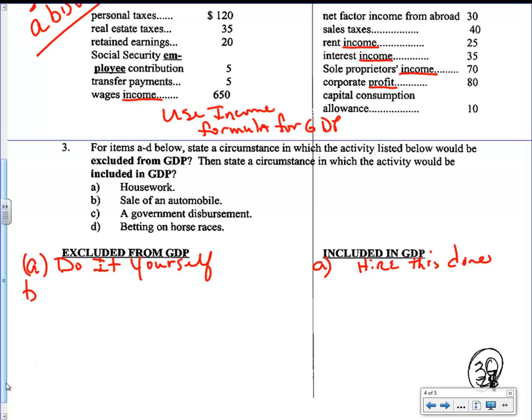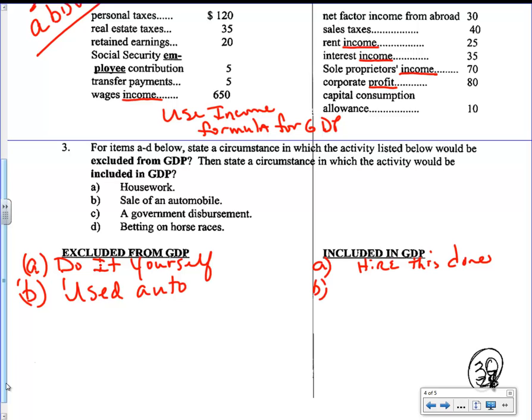Sale of an automobile. Excluded are used property. So therefore, all used automobiles are not included in gross domestic product. Only the first time that automobile was made is it included in gross domestic product. If it's sold more than that one time, none of those values of the automobile are included because it's still the same product.